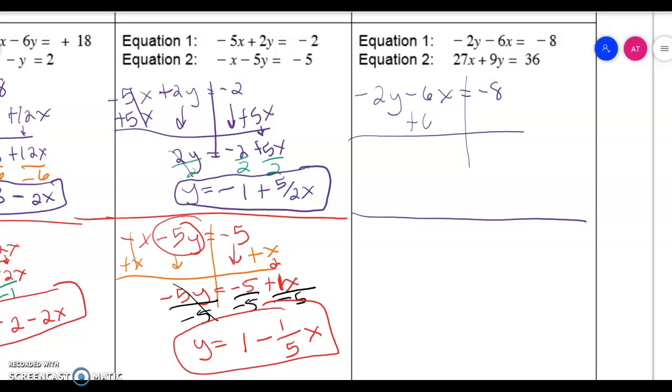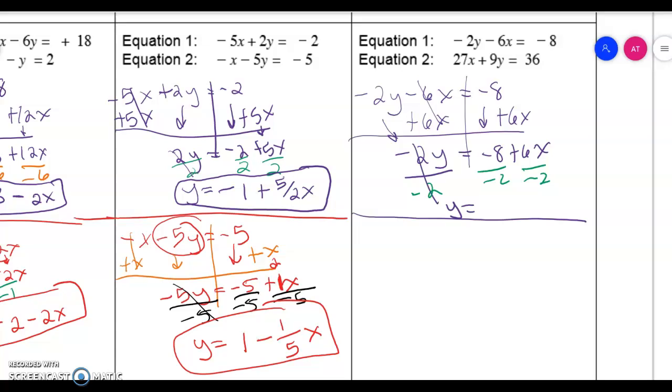What you should have done to this one, now that you've unpaused, is add 6x to both sides. And you bring down your -2, your -8, and your plus 6x. In order to get rid of it, you divide by -2, because when you're attached to y, you have to do the opposite, which is divide. Negative divided by a negative is a positive. 8 divided by 4 is 2.